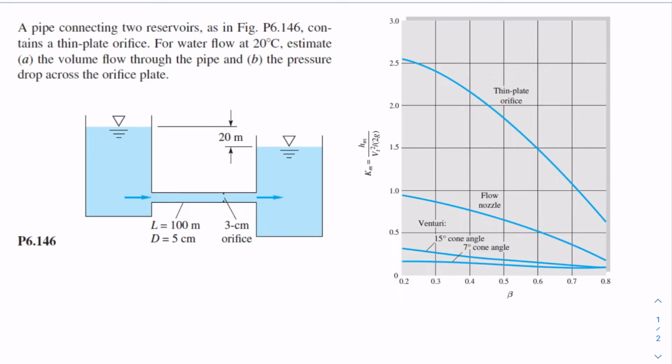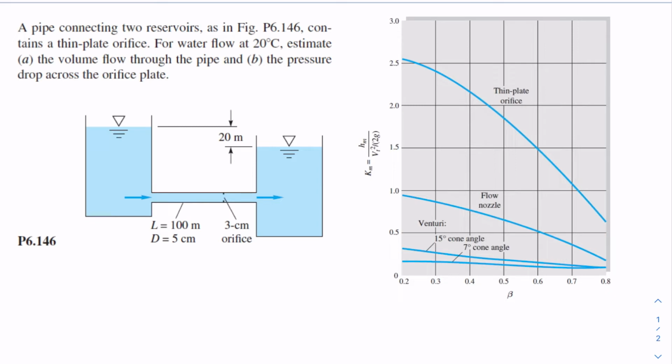But in this case, this is a very simple arrangement, and we are not given any pressure taps, and we want to measure the flow through this pipe which is connecting these two big tanks. The basic principle of flow measurement is that we somehow need to measure the pressure drop, and we can relate it to the velocity of the flow through the Bernoulli equation.